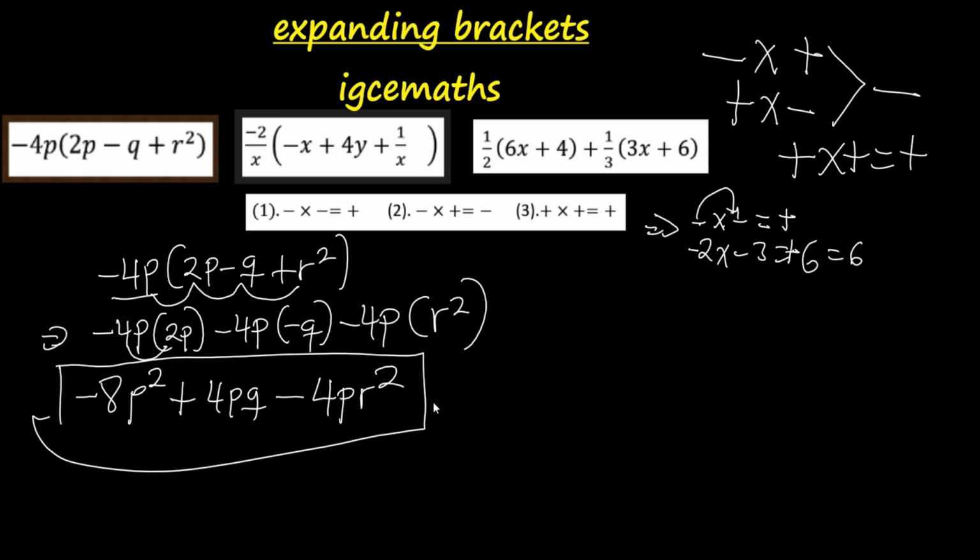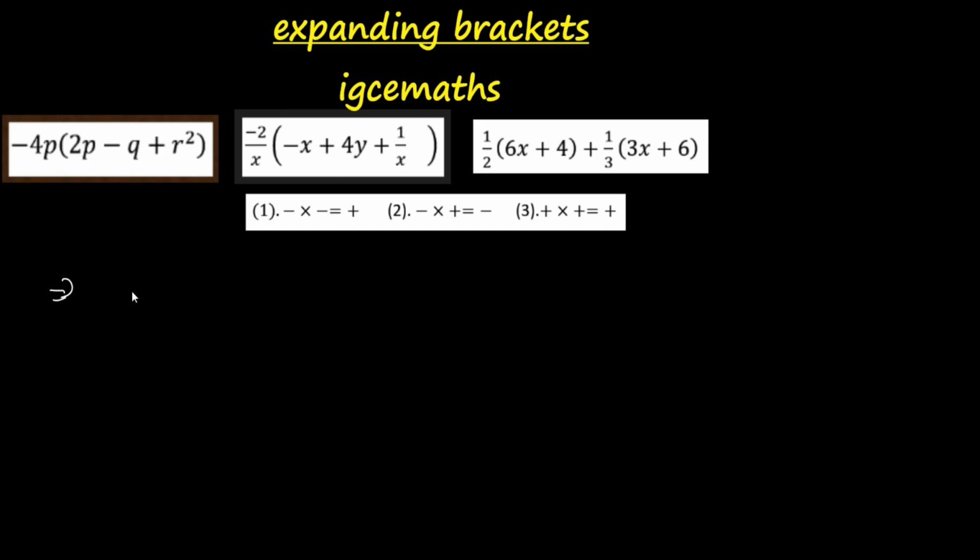Now when you factorize this one, you're also going to get the first question we were solving. Now let's consider the second one. The second one we have over here is negative 2 over x bracket open negative x plus 4y plus 1 over 6. So we are going to use the negative 2 over x outside of here to multiply all the three terms in the bracket.